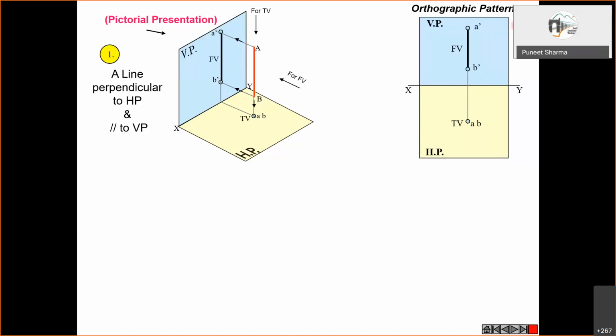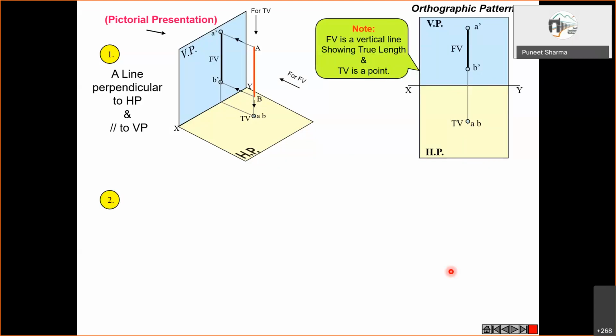You simply write A dash, B dash, which means it is the front view, and small a, small b, which means it is the top view. The front view gives us the true length, as the caption says, and the top view becomes a point.